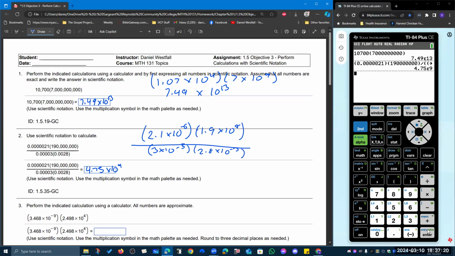Okay, and then that's going to give me 10 to the second, and then another 8 is going to be 10 to the 10th.